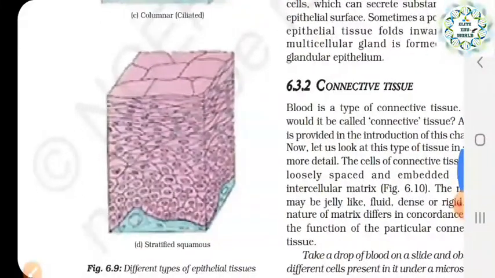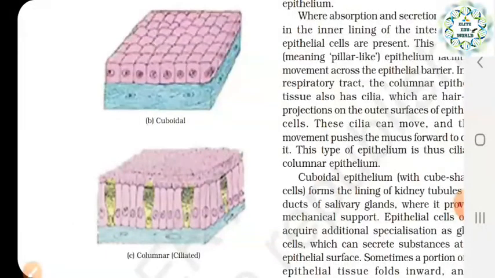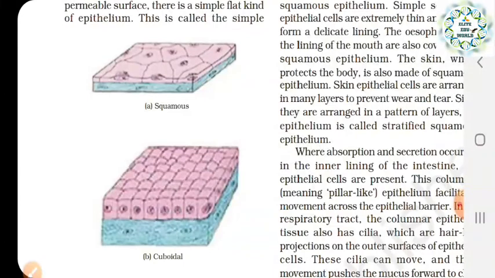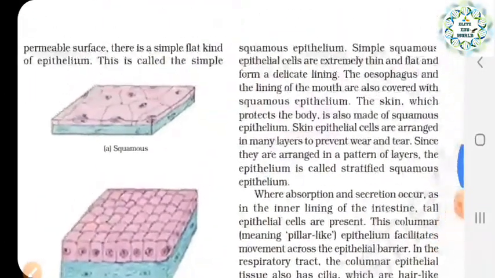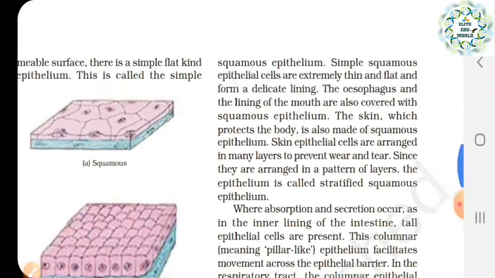These are the types on the basis of their location: squamous is present in the skin, making many layers; columnar ciliated is present in the lungs; cuboidal is present in structures like the kidney. Squamous is also present inside our blood vessels and alveoli, because it is very thin in structure.